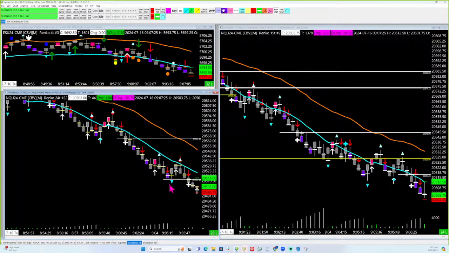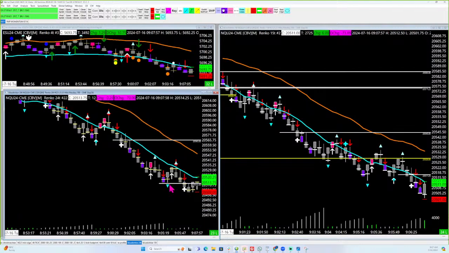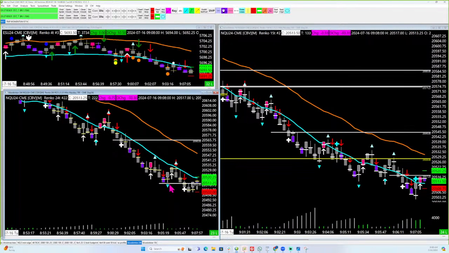Trend day down, open drive lower, at prior day's low, into single prints. Plus sign, long, with a 15-point stop, low of the day.